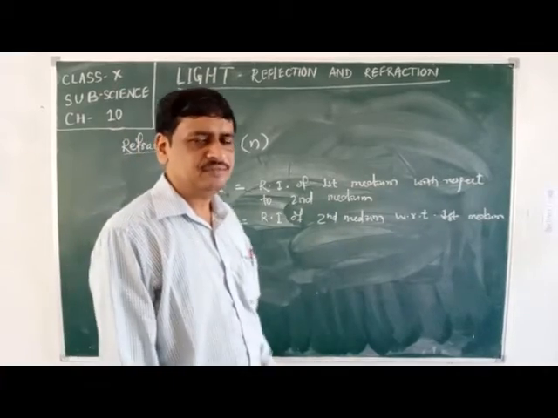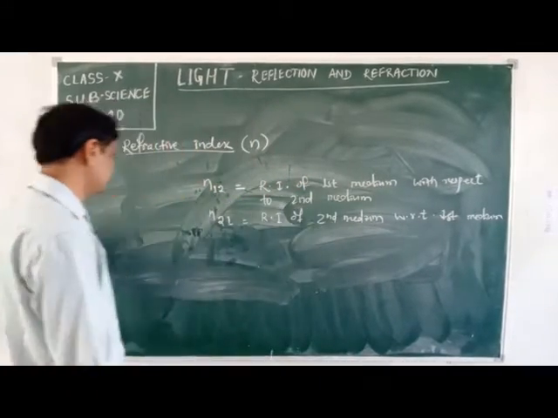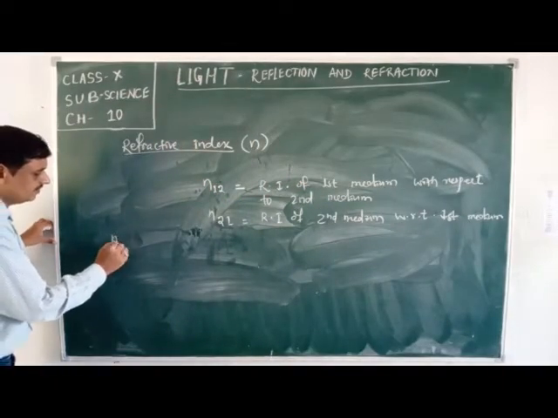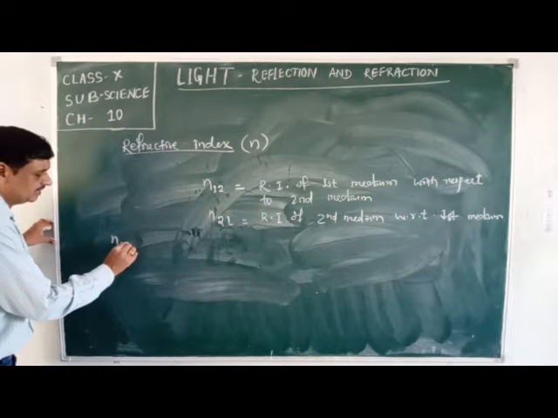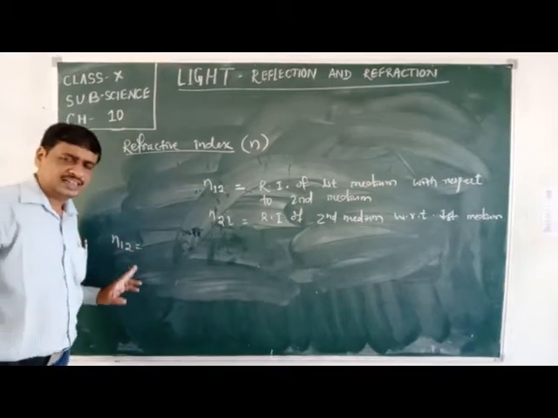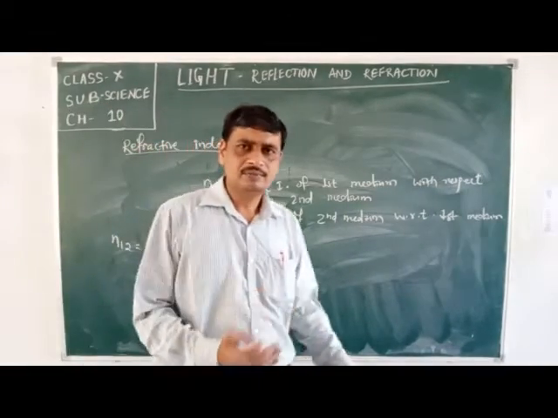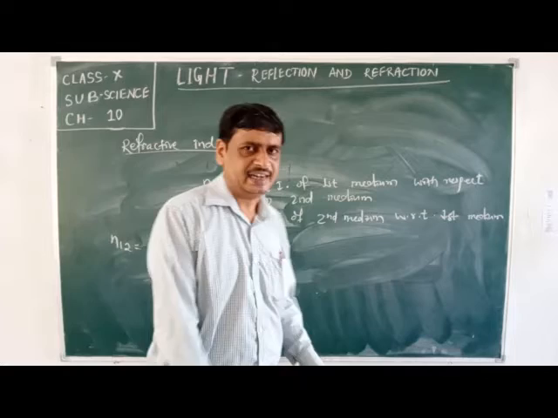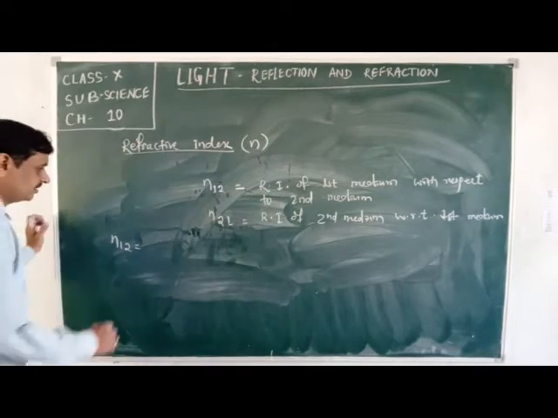How will the refractive index be calculated? First, the refractive index of the first medium with respect to the second. With respect to the second means the light is traveling in the second medium first and it comes to the first medium.